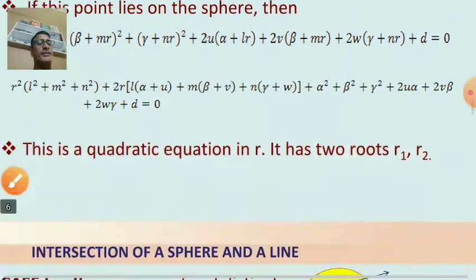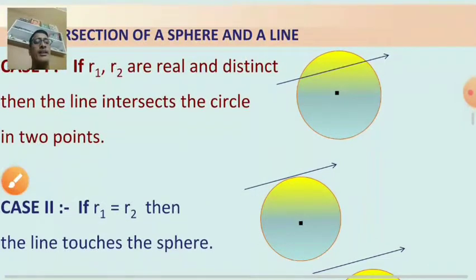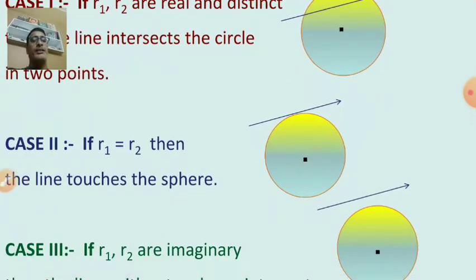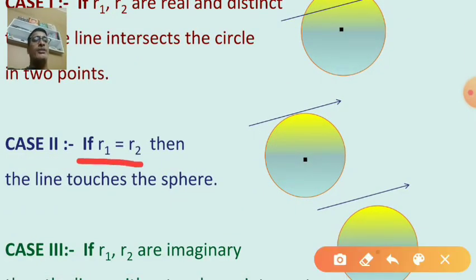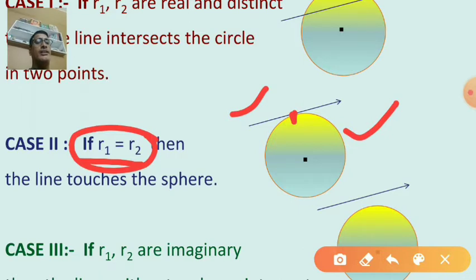That means this line is the tangent line to the sphere. So whenever r1 is equal to r2, this line is the tangent, there is only one common point, and hence this line is a tangent line to the sphere. This is the condition so that the line is a tangent line to the sphere.